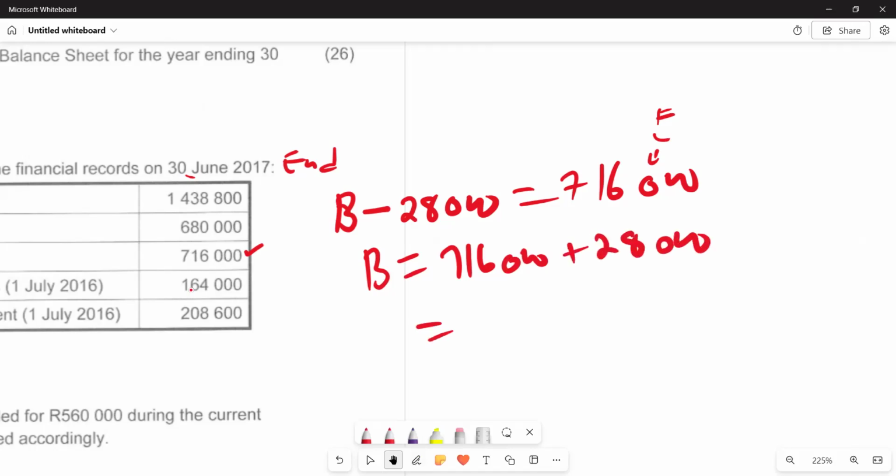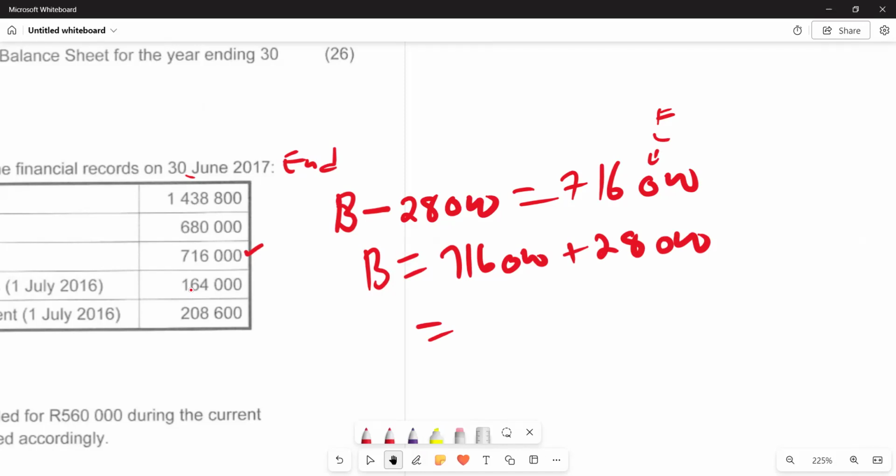So at the beginning we are saying 716,000, which is our cost at the end, and then we add our 28,000.